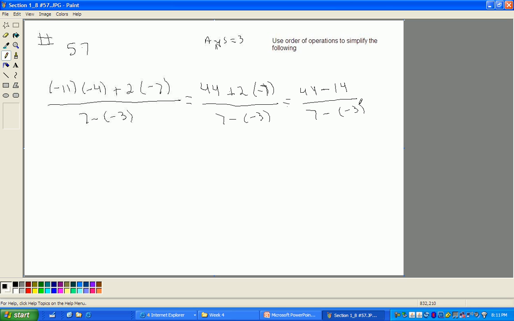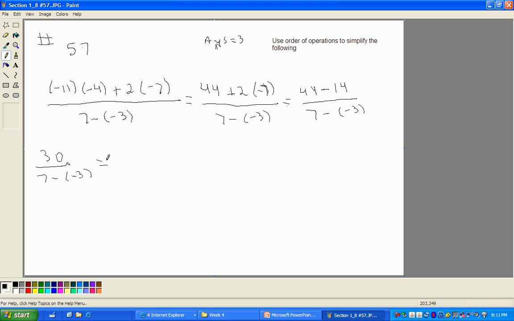Now, do we have any more multiplication and division? Well, you can say we have a division next, but we can't really divide this because it's not simplified. So now we have to do addition on the top, and the subtraction on the bottom. 44 minus 14 is equal to 30, divided by 7 minus negative 3.